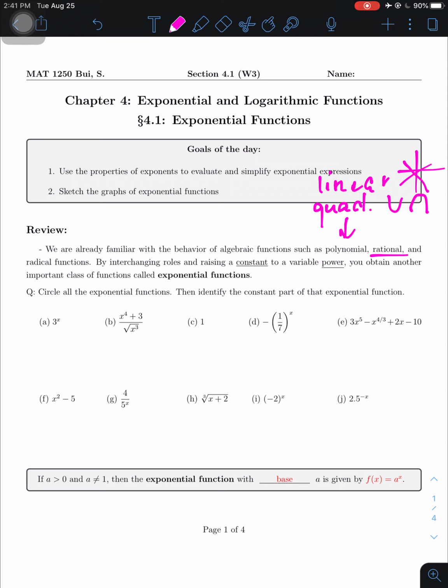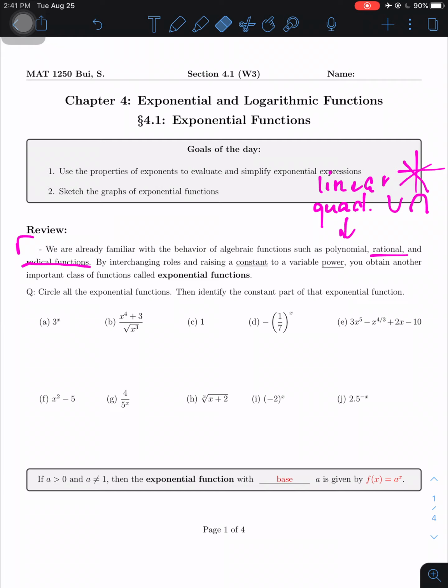And radical function here means the square root function. If you remember from the parent functions page, the square root function looks like an arc like this. But if you don't remember it, it's fine, okay?